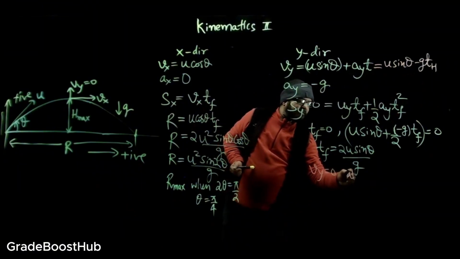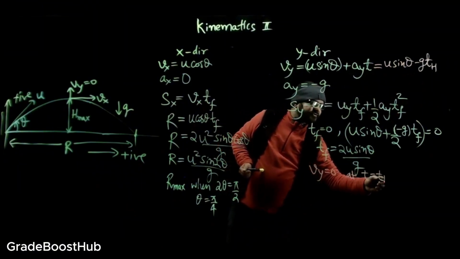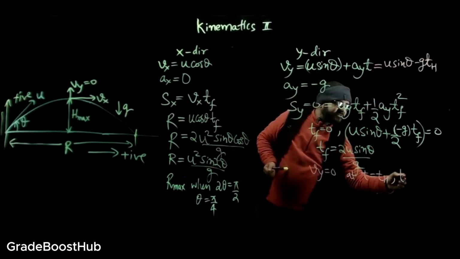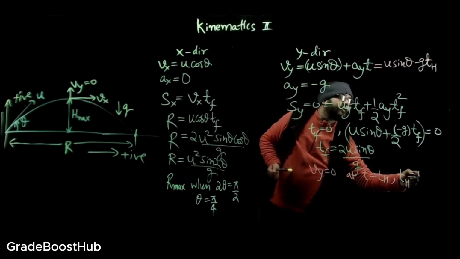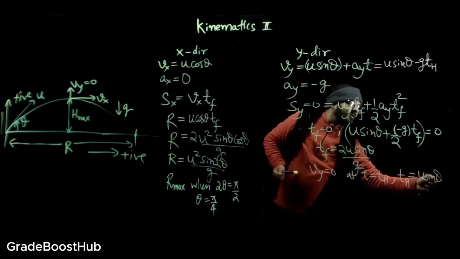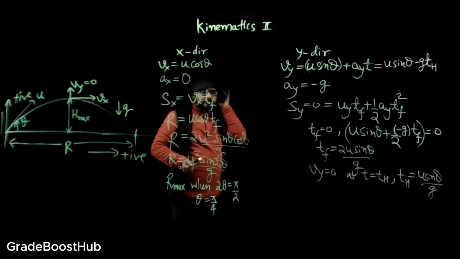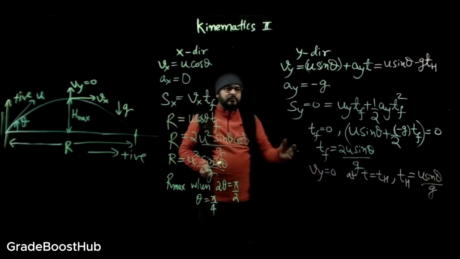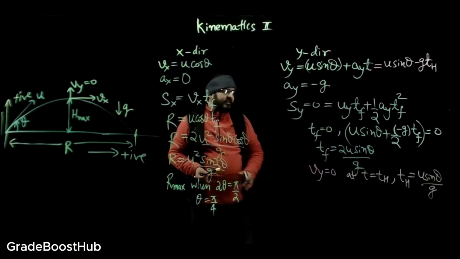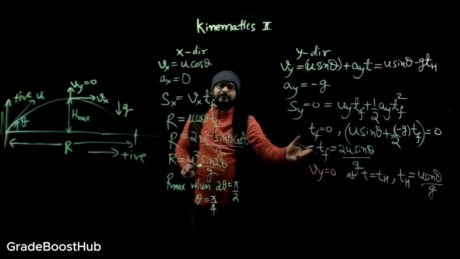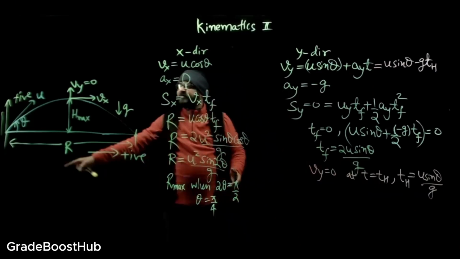At t equal to th, Vy is 0, so th is u sine theta by g. Do you all agree with this? Any question, any doubt? Okay, you see, this is really half of the time of flight. As I said before, this is a very symmetric motion.